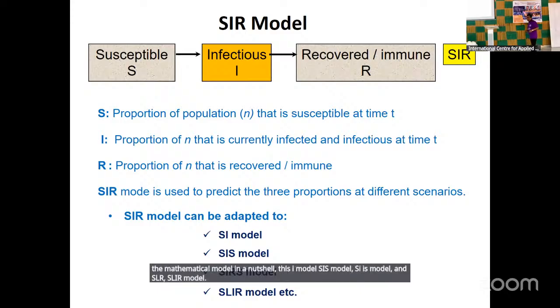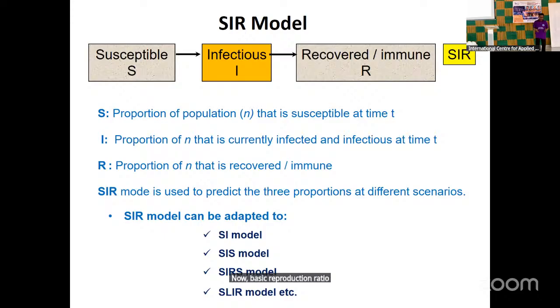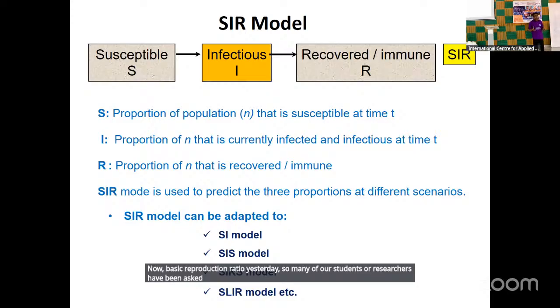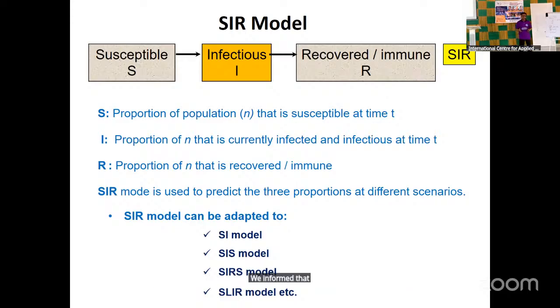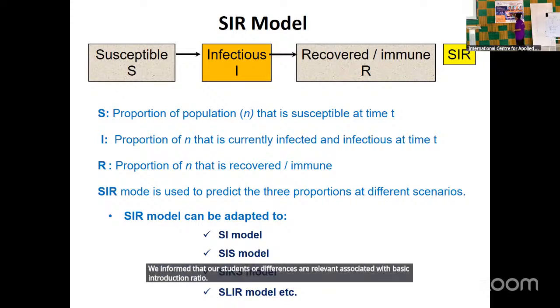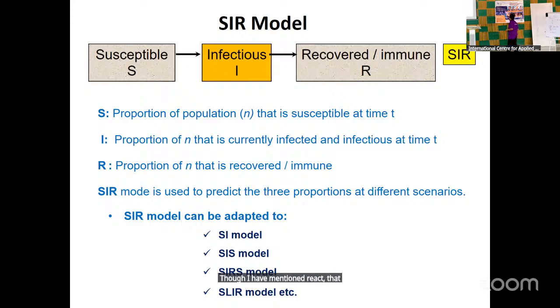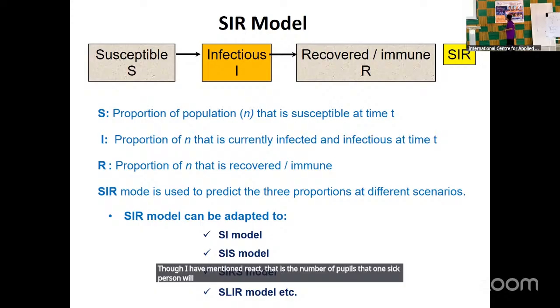Now, basic reproduction ratio. Yesterday, so many of our students or researchers asked about it, and during the hearing of different lectures, I have been informed that our students or researchers are very much associated with the basic reproduction ratio. I have mentioned here that the number of people that one sick person will infect on average is called R0.